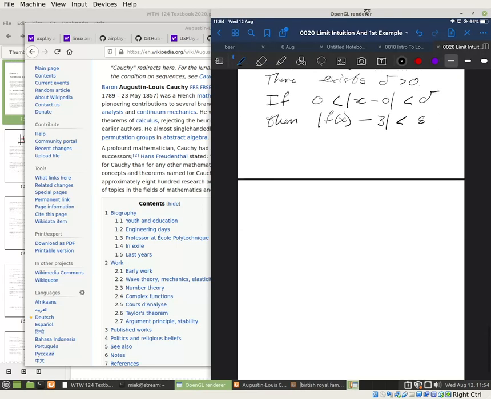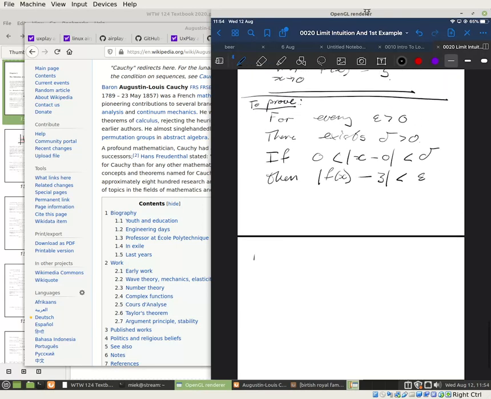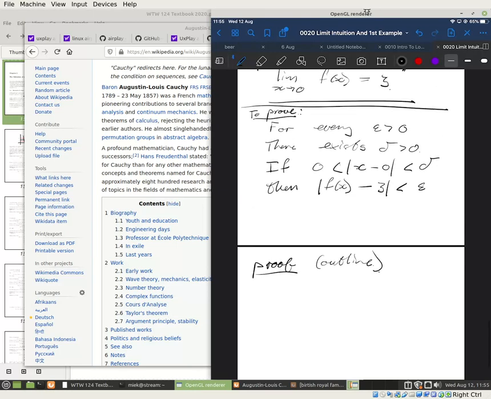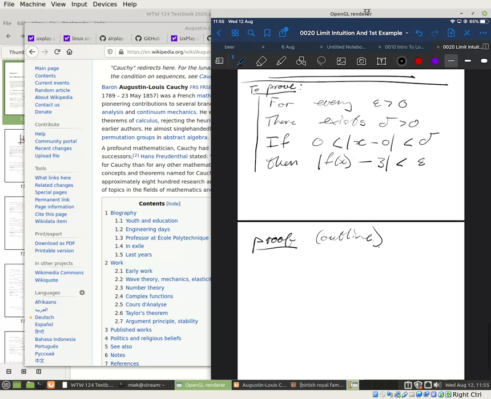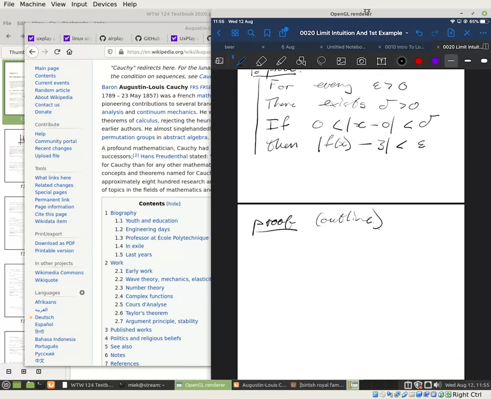Okay, let's start with our proof outline as before. Proof, and let's write here outline. What do we need to do? We look at the statement that we need to prove. We want to prove something for every epsilon. So first thing we do is we say fix any epsilon greater than 0.